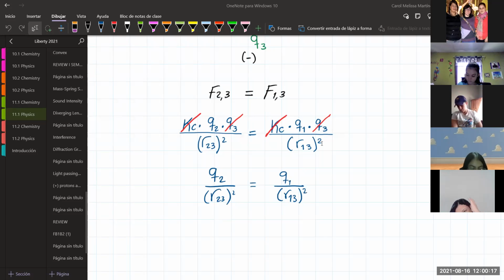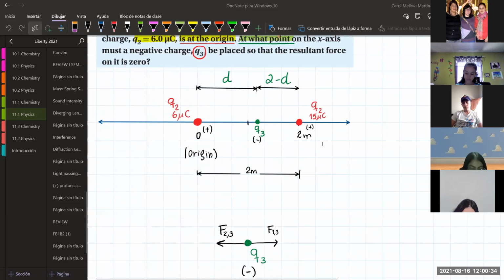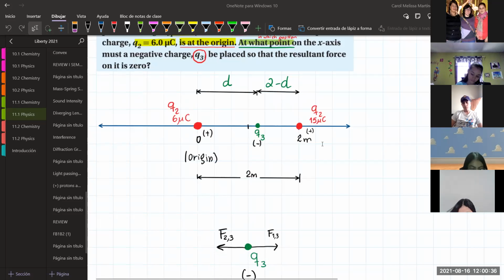Now, we don't know these distances, okay? So we're going to gather them from the sketch. Right now, I will focus on R23. Here we have the sketch, okay? So the distance between Q2 and Q3 is this one. What is this distance?